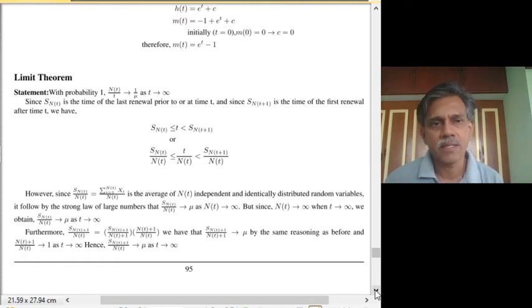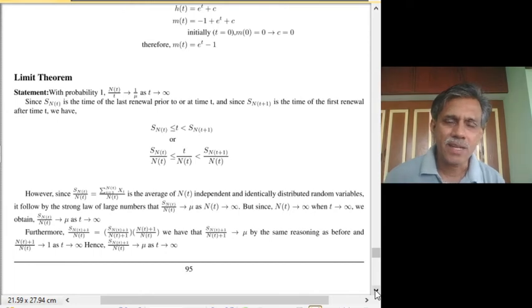First thing we can see is that the number of renewals that will happen over an interval of size infinite can be easily found out if you know the expectation of the inter-renewal times.